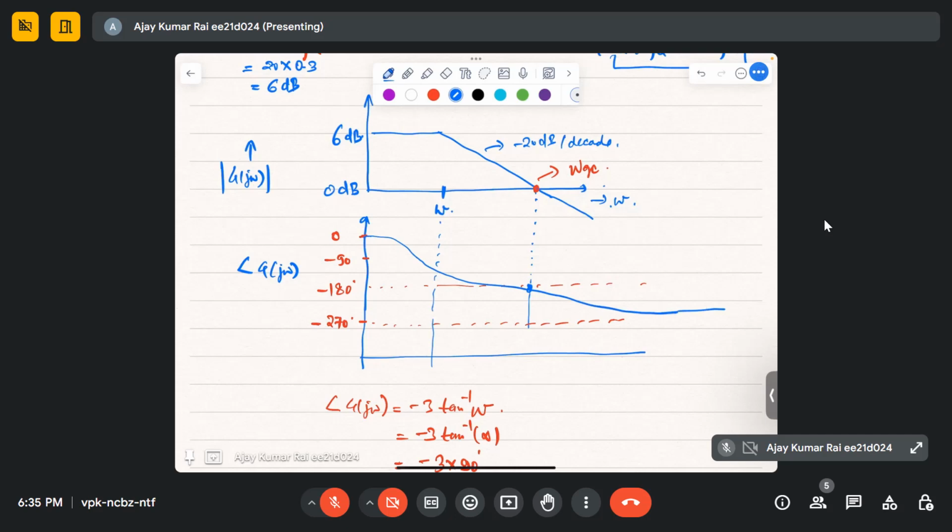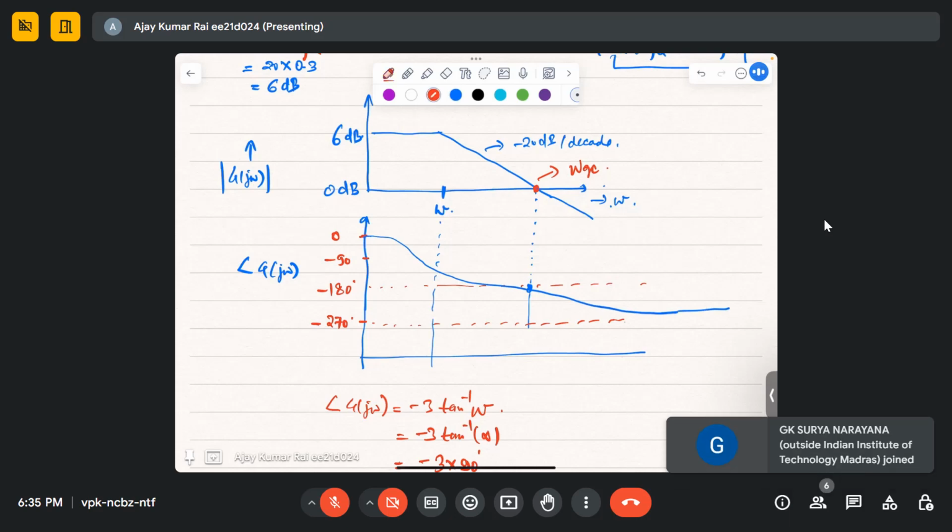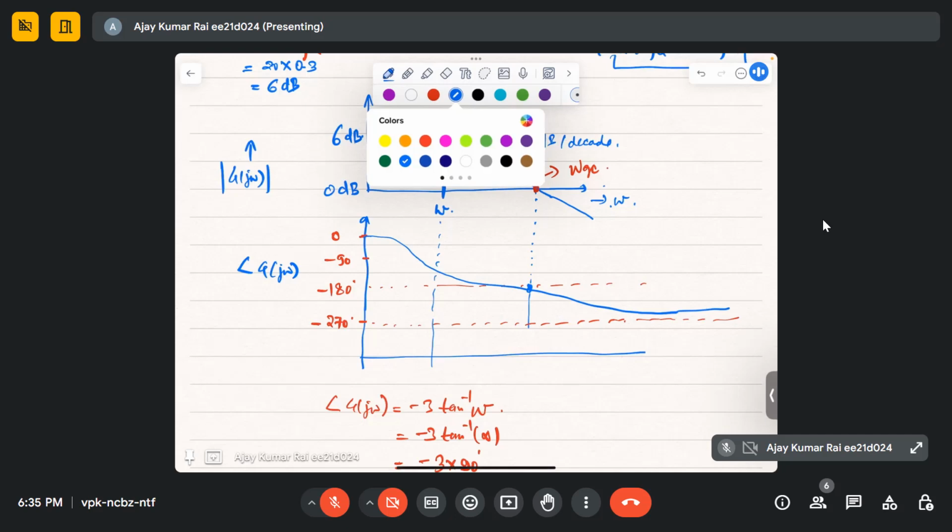And at higher omega it goes to minus 270 degree. So that's why it was unstable, because we are hitting this point. So phase margin, you can see, equal to 0 degree.